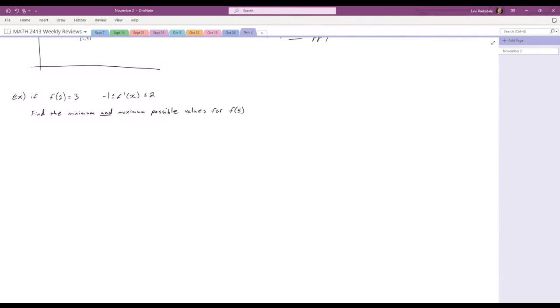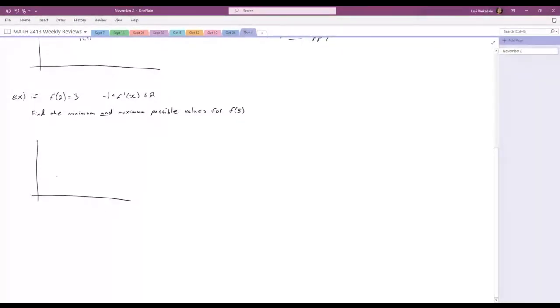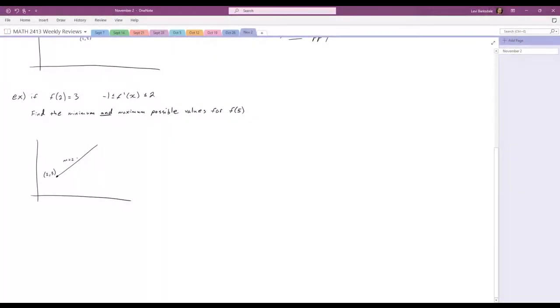Or in other words, the maximum slope possible is always going to be 2, which means we can essentially create just a linear function starting at the point (2, 3) with a slope of 2 going over exactly from 2 to 5, which is 3.